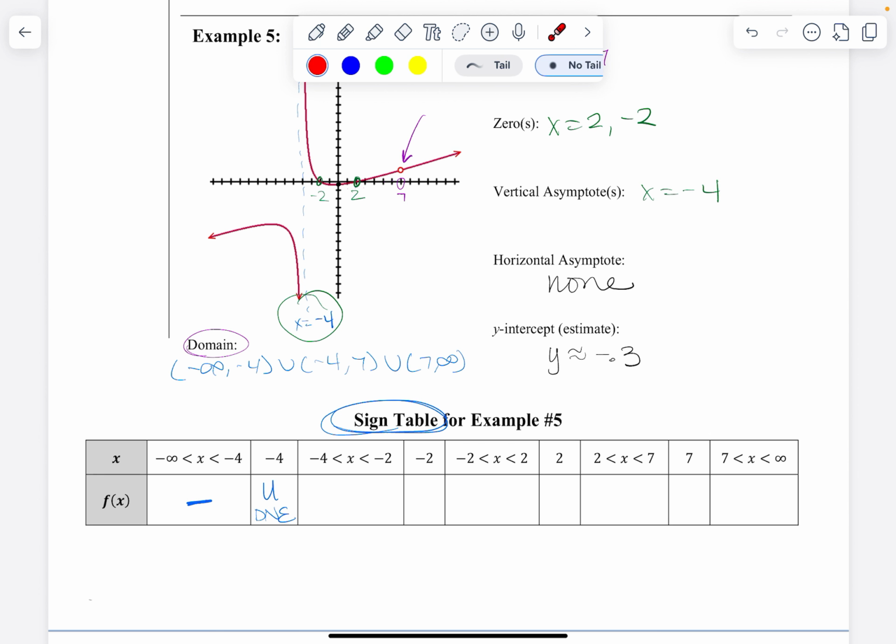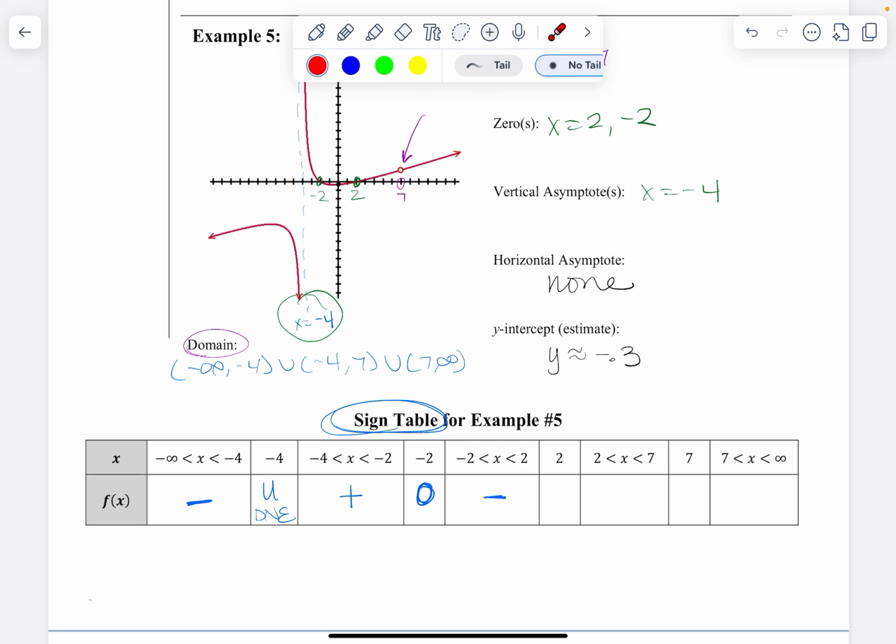From negative 4 to negative 2, do you see where this is up here? It's all in the positive direction, so we're going to put a positive in the sign table. At negative 2, it's on the x-axis, so that's actually where a 0 is. From negative 2 to positive 2, that's below the x-axis, so we know that's negative.